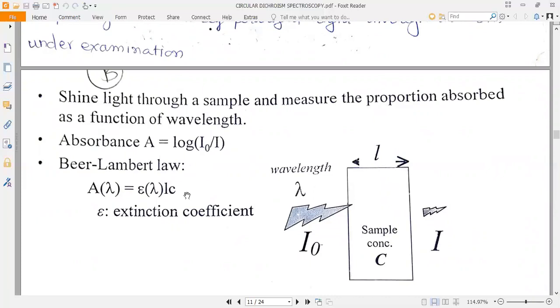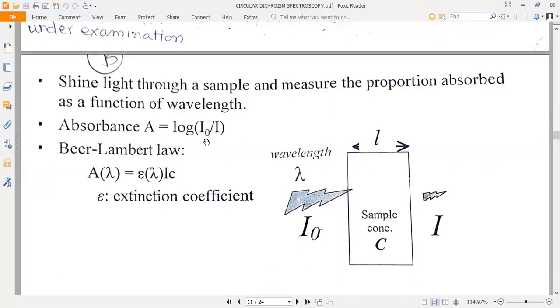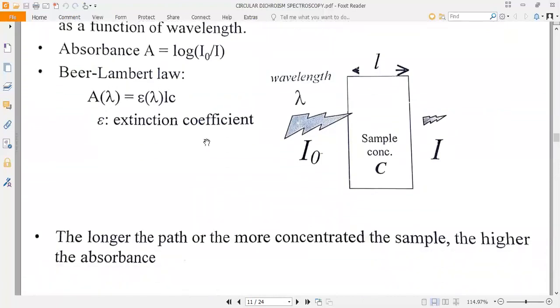Now, absorbance according to Beer-Lambert's law will be log I0 upon I, or absorbance at a given lambda is equal to the extinction coefficient at that lambda times L and C. Using this formula, measurement of the concentration of the sample will be carried out.